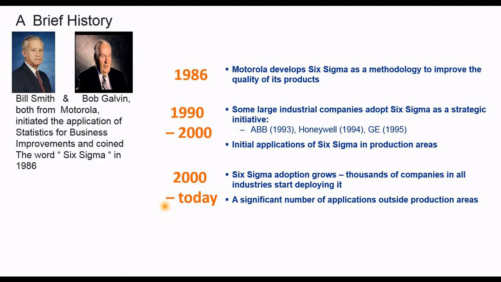In fact, it has been accepted that it is a tool that can deliver the results that you want in any sector. Wherever you have data, it can be applied. So it's not only production now, it's being applied everywhere.